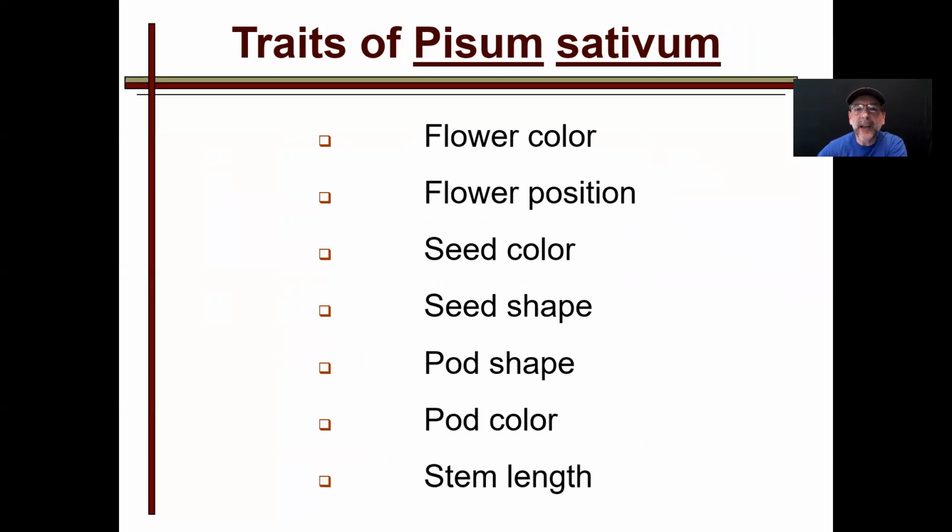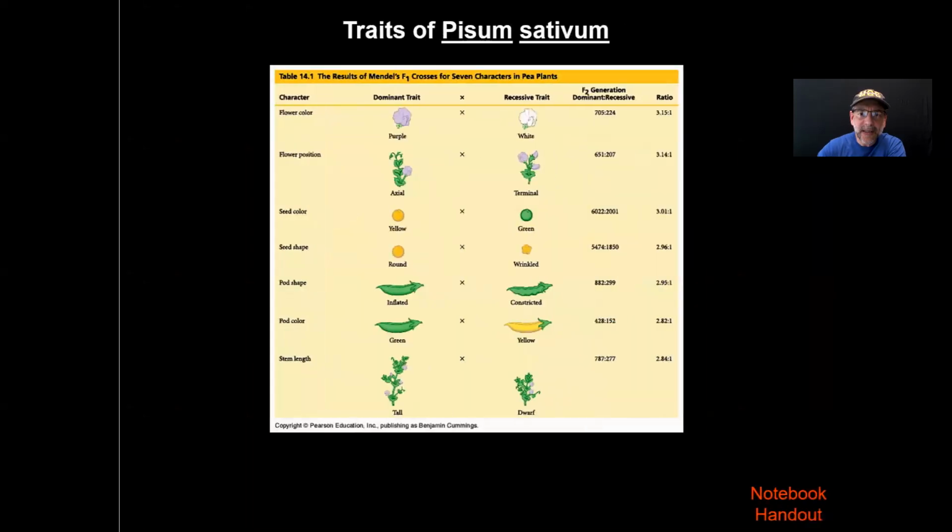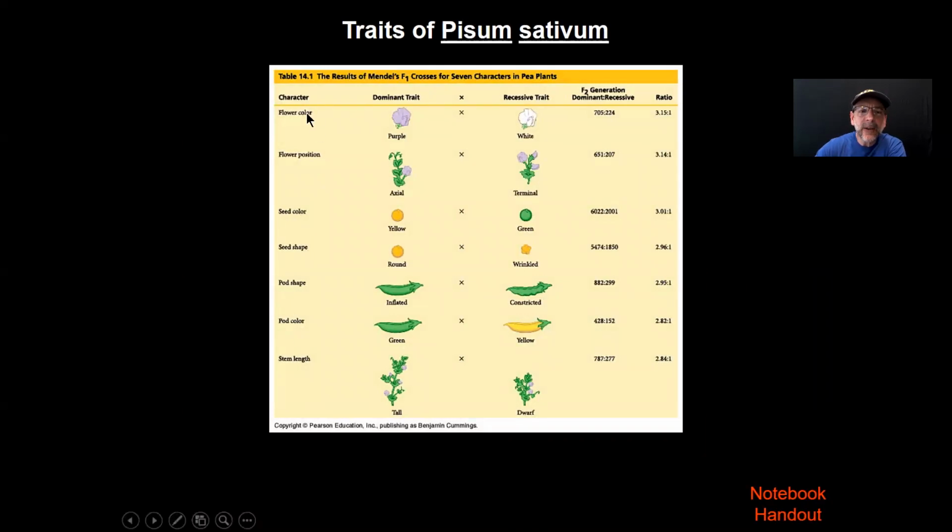So there's a handout that I posted in your folder that summarizes these characteristics. It looks like this. So this first column here are these 7 characteristics that we just listed. And then the second and third column organize the characteristics, whether they're dominant or recessive. What does that mean? Well, if I were a pea plant and I carry the gene for purple flowers, I would always express the purple flower color. Why?